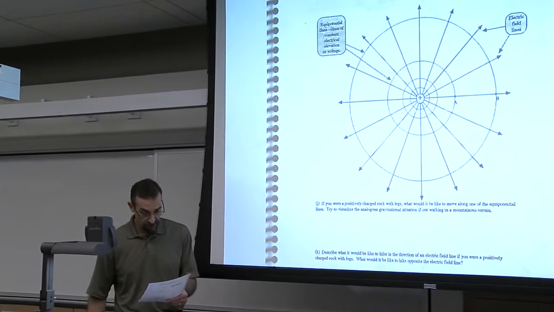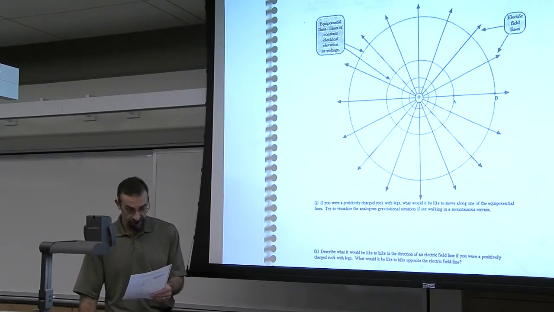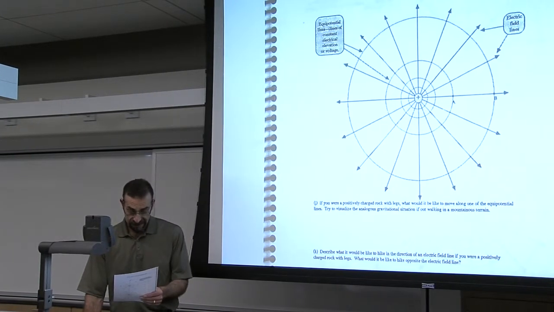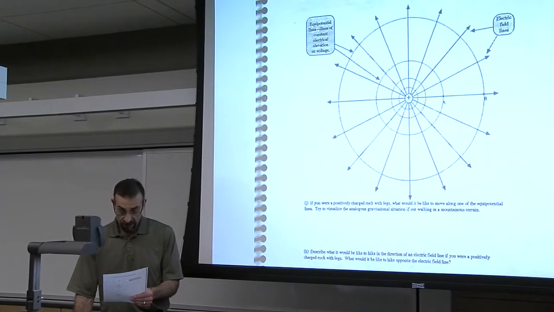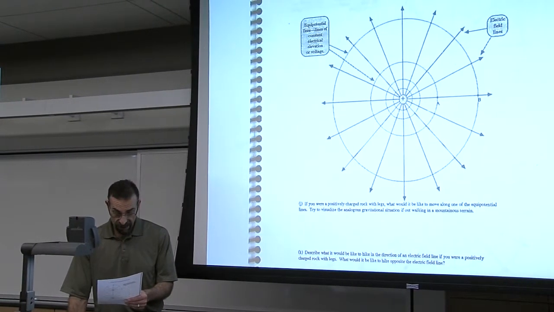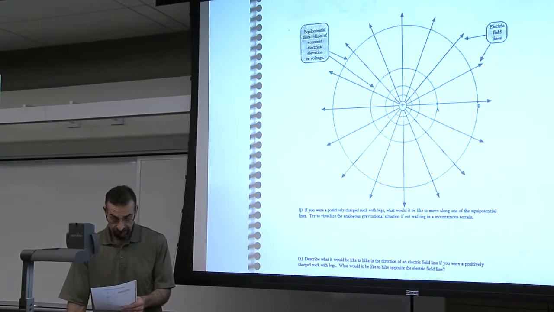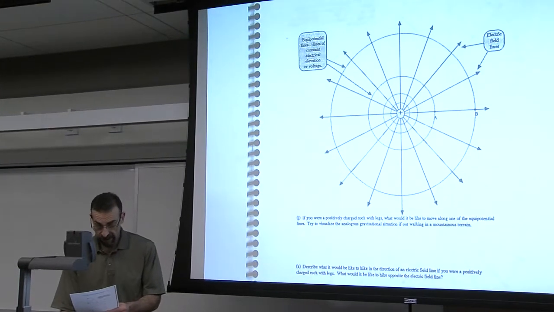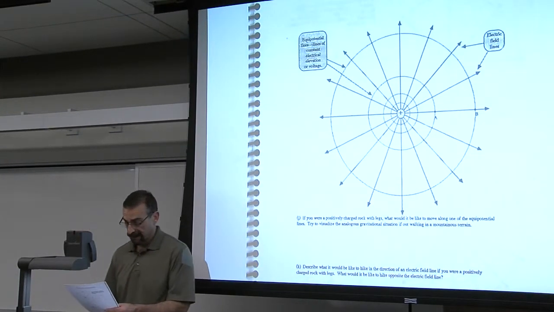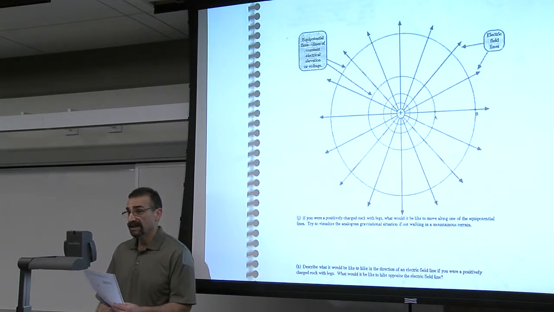So it says, if you were a positively charged rock with legs, what would it be like to move along one of the equipotential lines? Try to visualize the analogy of a gravitational situation where you're walking around a mountaintop.